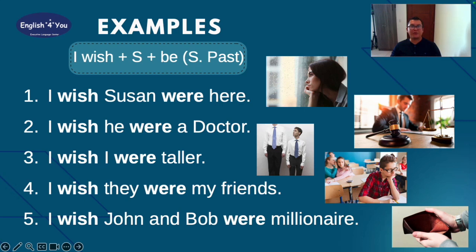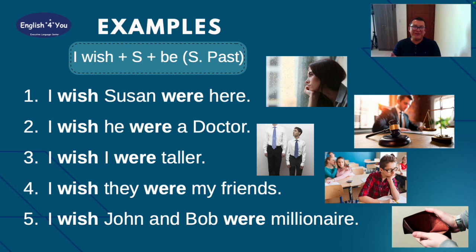Let's move on to number 5. Repeat after me. I wish John and Bob were millionaires. Oh my. Look at the picture. The wallet is empty. This person is cashless. No money at all. So is this person a millionaire? Not really.